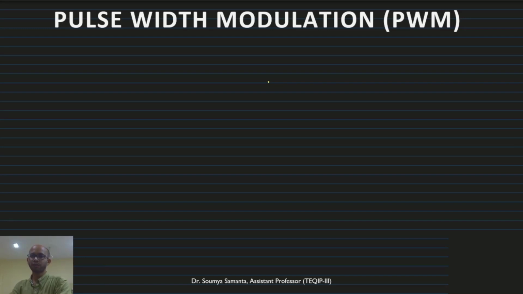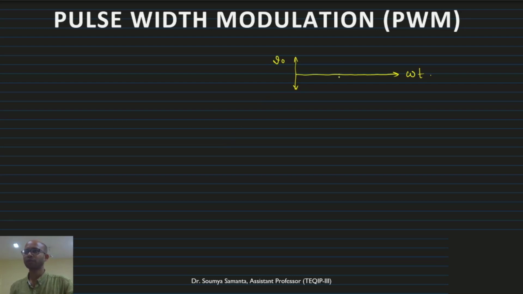Before going to the pulse width modulation, first of all, in case of single phase inverter, whenever we have drawn the square wave operation, the output voltage for square wave operation, that is omega t, and suppose this is output voltage.